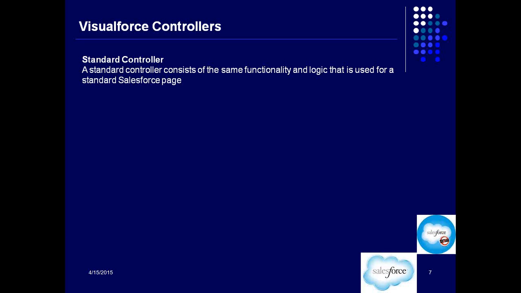In the same way you have standard controllers. These are already defined by Salesforce, already existing, and used by the Salesforce standard pages, and they consist of the same functionality and logic.